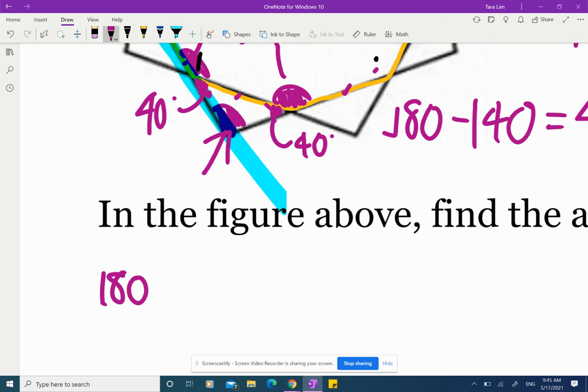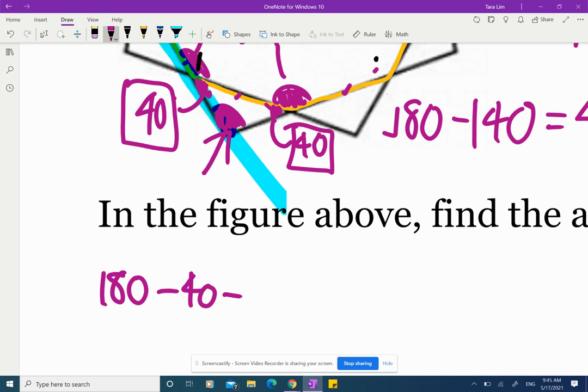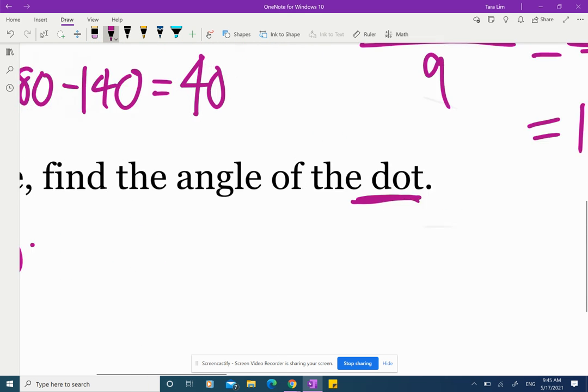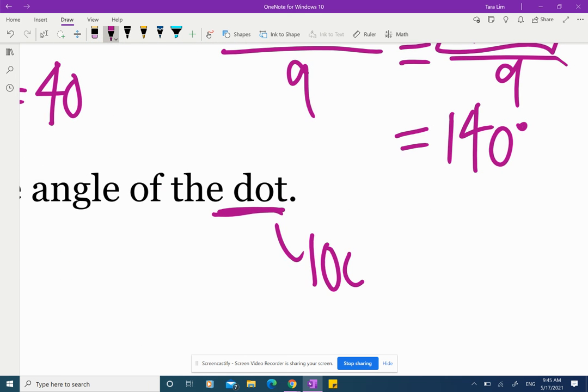Now we want to know only one angle, which is this angle. And we're given that there are two angles, which is 40, so minus 40, minus again 40. And that will give us 100 degrees. So the dot is 100 degrees.